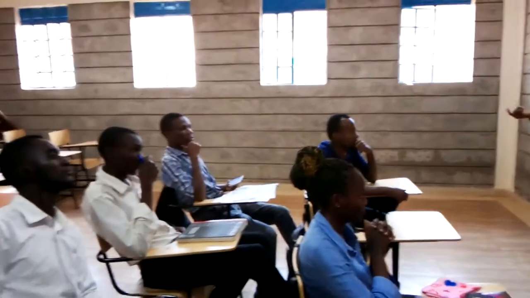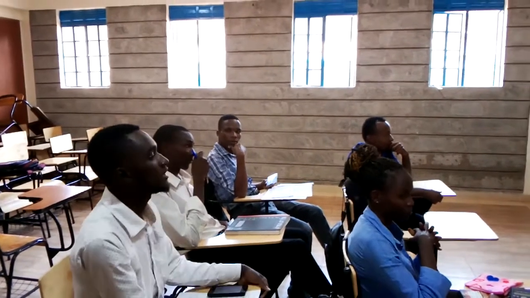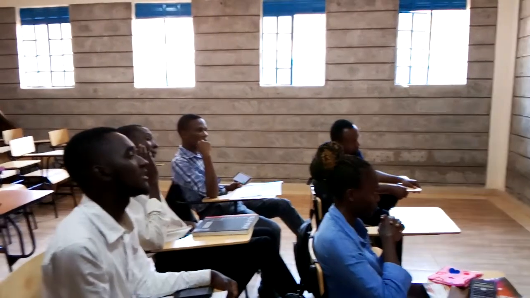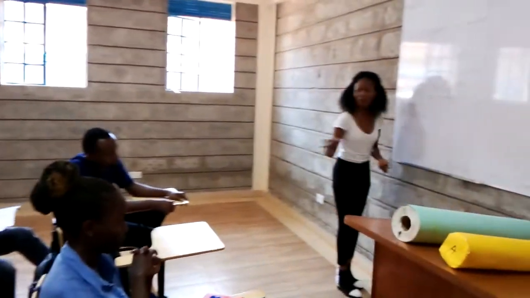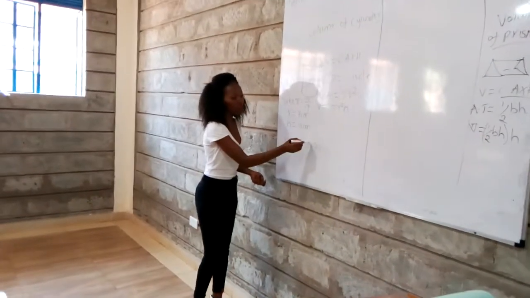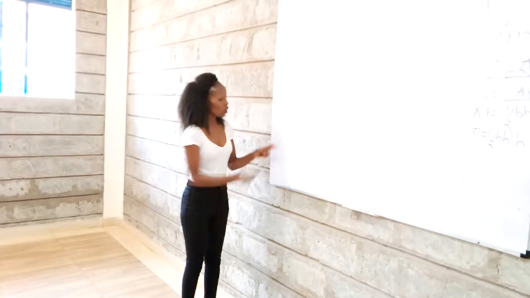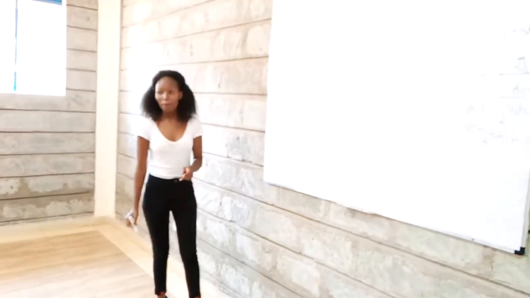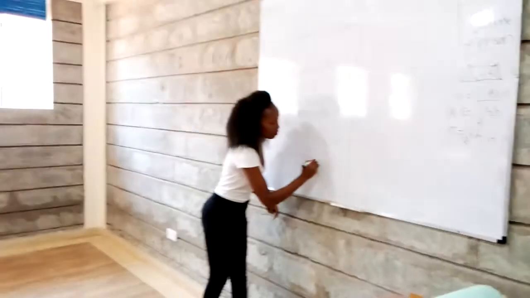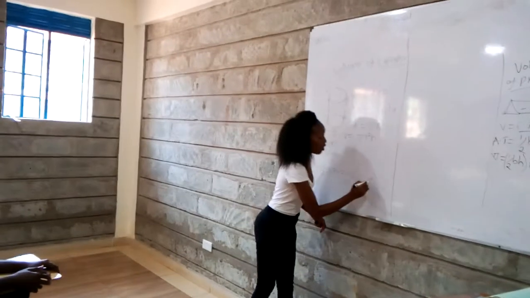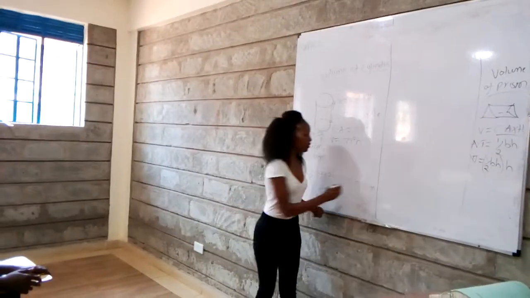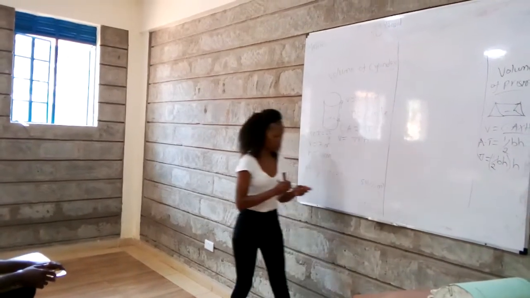It will be pi 22/7 times radius times radius, which is 7 times 7, times the height. How many times does 7 go into 7? 1. So 22 times 7 is 154. 154 times 10 is 1540. So you get 1540 centimeter cubed.